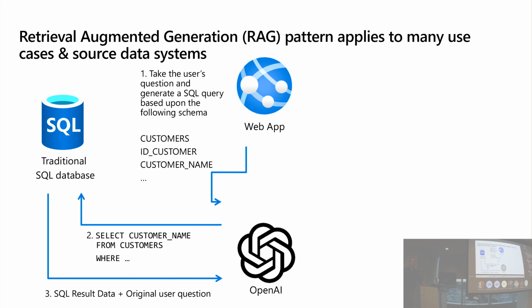We'll pass that query to our normal SQL database, let the data come back, then pass that along with the question to the OpenAI service. So we've implemented the RAG pattern again, but we did it without AI Search. We did it with our SQL database. And this is exactly how things like the Copilots that are in some Microsoft products work.